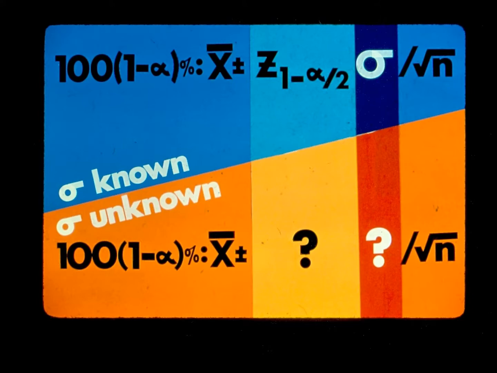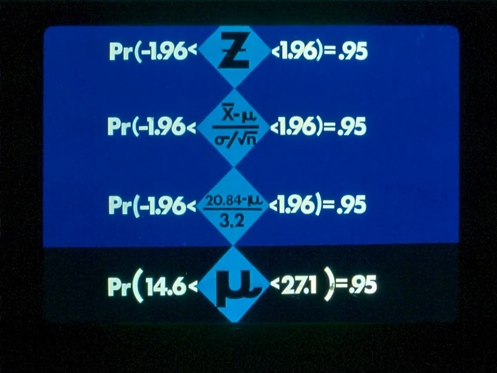To explain this change, let us briefly review the process involved in deriving the top formula for known sigma. In order to obtain a confidence interval for mu when sigma is known, we started with a probability statement about a standard normal variable, such as the first expression at the top. We then substituted for z the expression X bar minus mu divided by sigma over the square root of n, as shown in the middle.